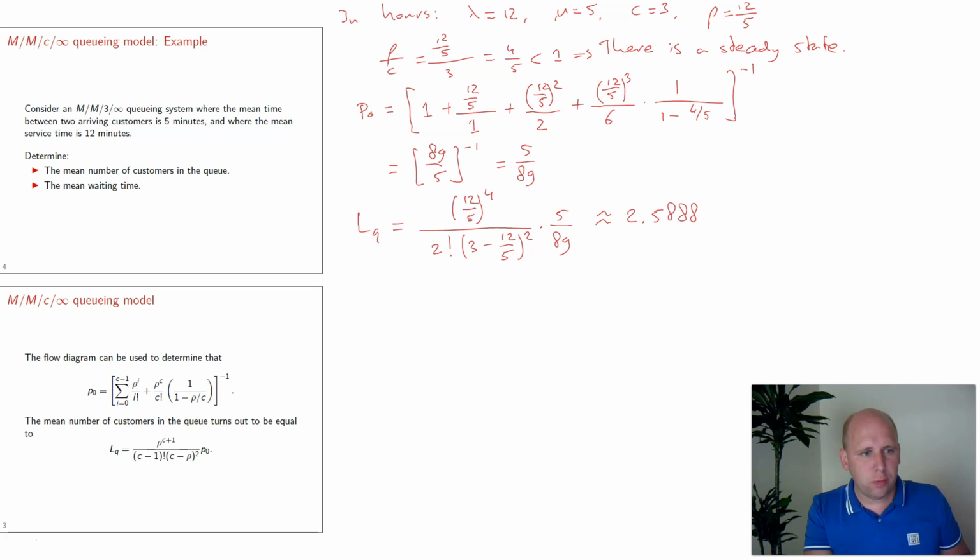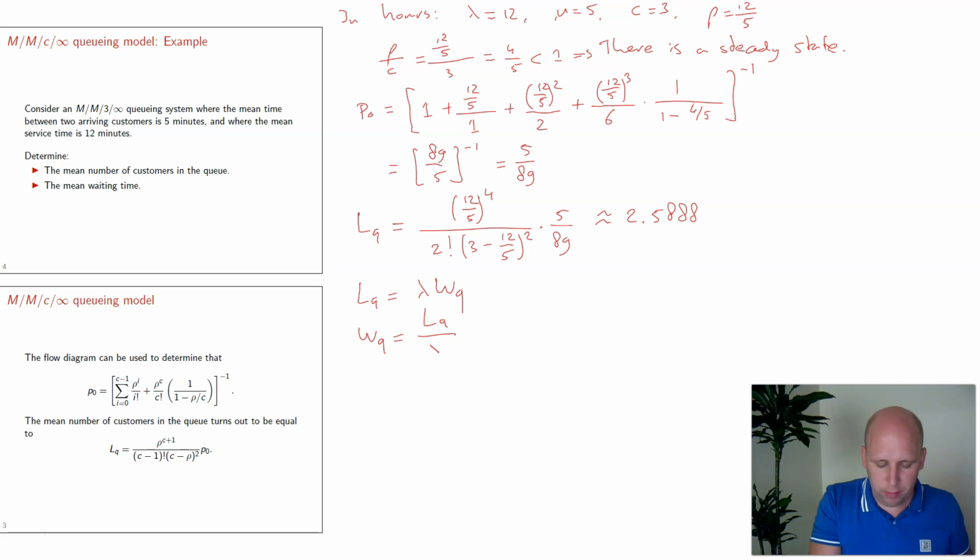The question is to find the mean number of customers in the queue, so that's what we now already have, and we would also like to have the mean waiting time. We have Little's law, so we have that LQ is lambda times WQ, and that implies that WQ is LQ divided by lambda.